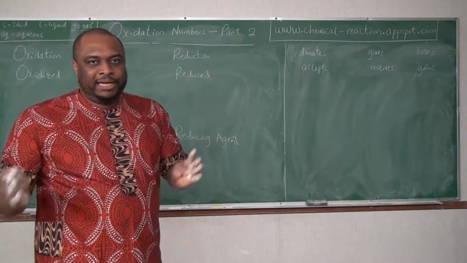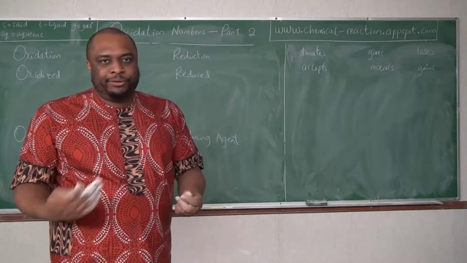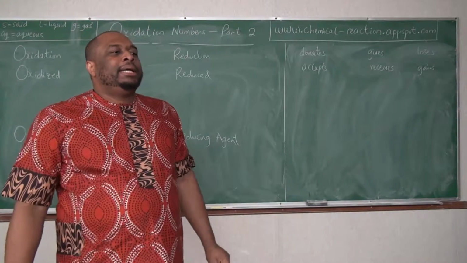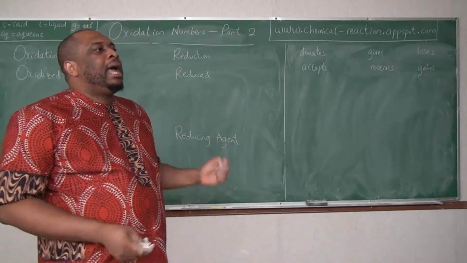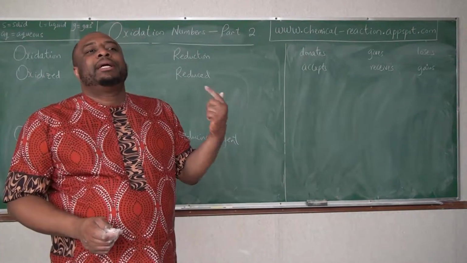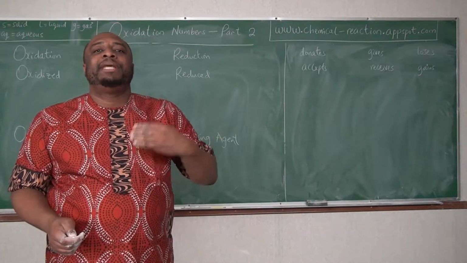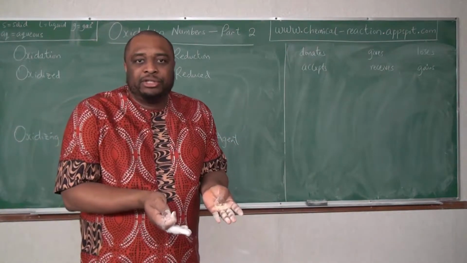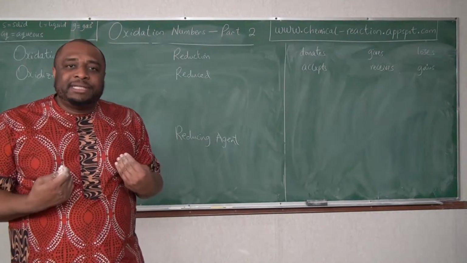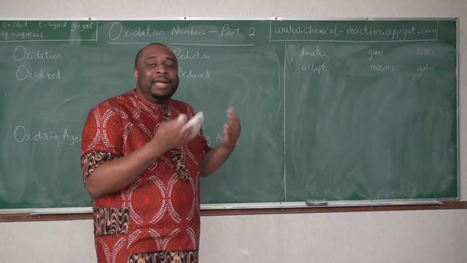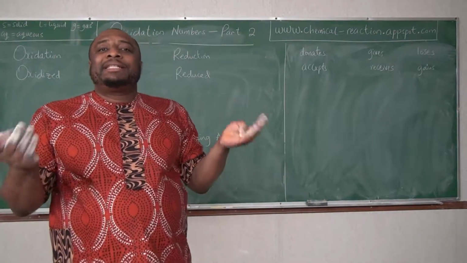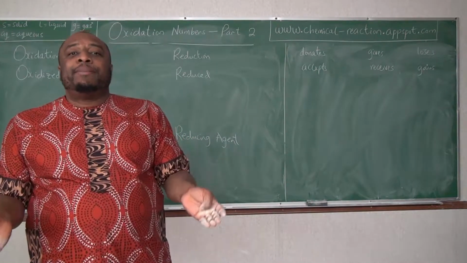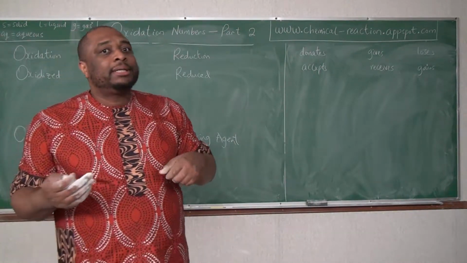There is a transfer of electrons in redox reactions, reduction oxidation reactions, from the giver to the receiver. Somebody gives the electrons, somebody receives the electrons. Somebody donates the electrons, somebody accepts the electrons. Somebody loses the electrons, somebody gains the electrons.